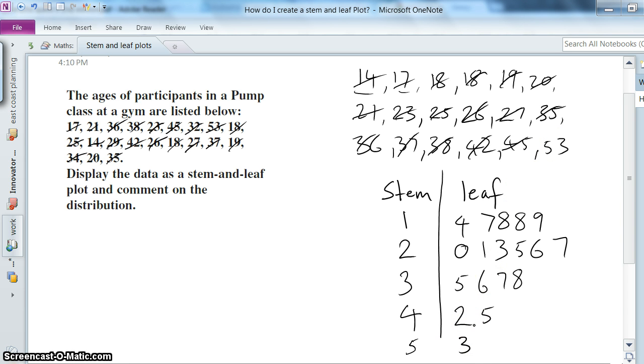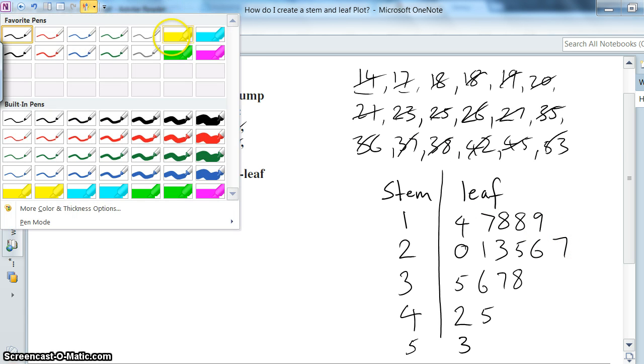So it shows us that the most people in this pump class fit in that age bracket 20 through to 30. You can see that the most people are in their 20s because this part of the leaf sticks out further than any of the other parts. I'll show you.